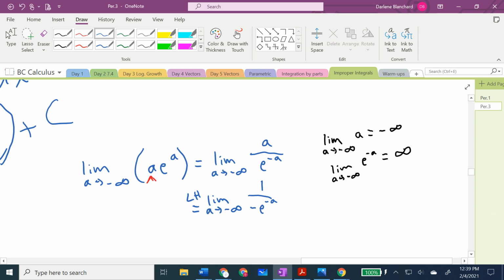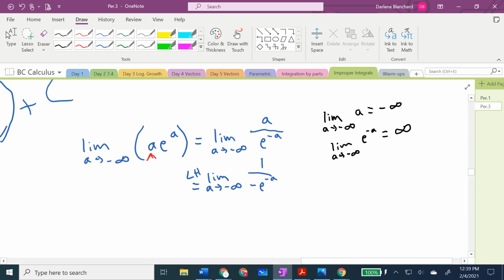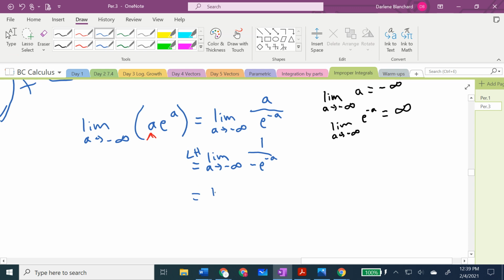Don't quotient rule when you are L'Hopitalling. You're just taking the derivative of the top, taking the derivative of the bottom. And now let's reassess. I can move this to the numerator if I change it to a positive exponent. And if my input is negative infinity, that's going to 0.